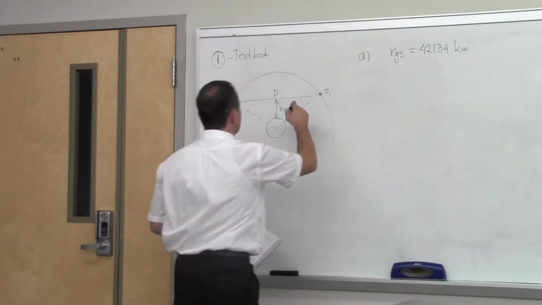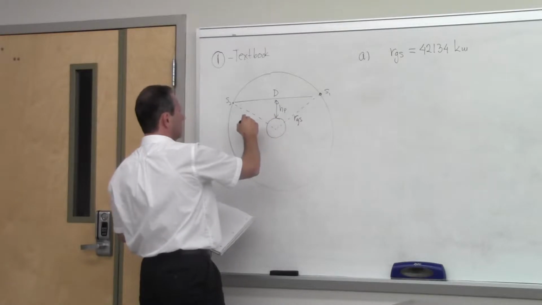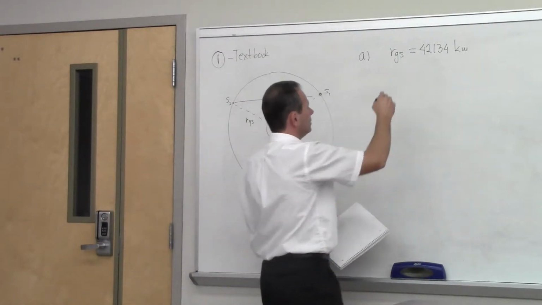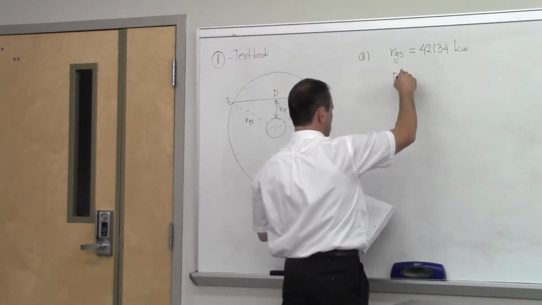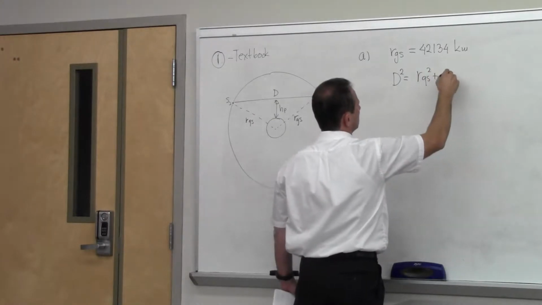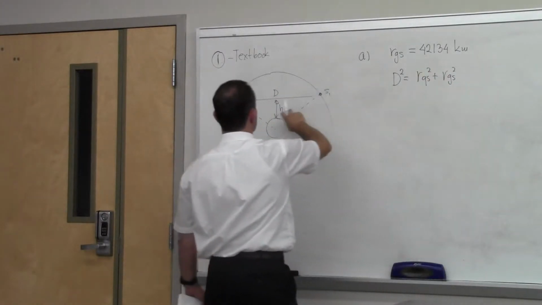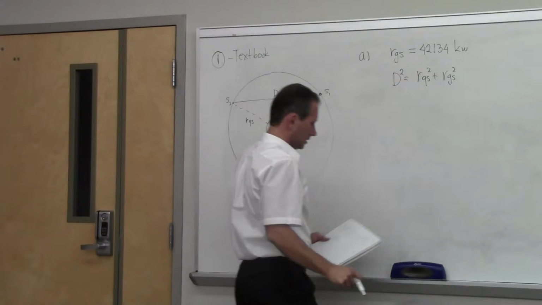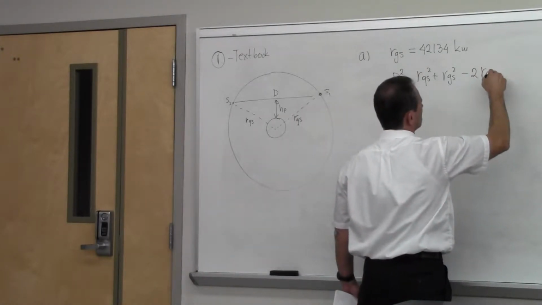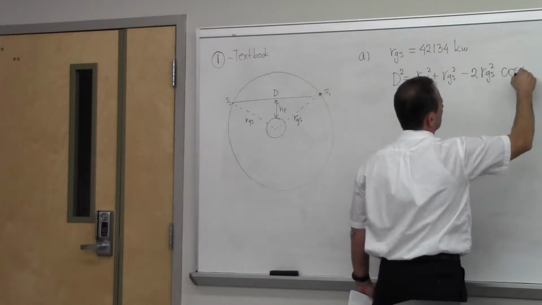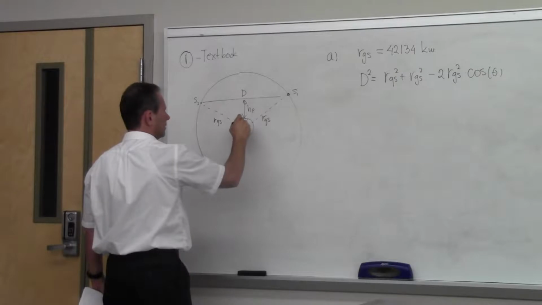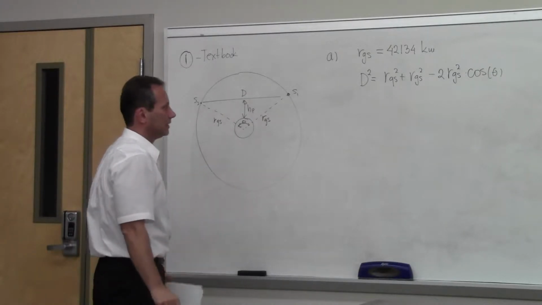Now, if I look at this triangle here, this is R_GS, and this is d. So using the cosine theorem, I can write that d squared is equal to R_GS squared plus another R_GS squared, minus 2 times the product, R_GS squared times the cosine of the angle theta, where theta is the angle between these two satellites.